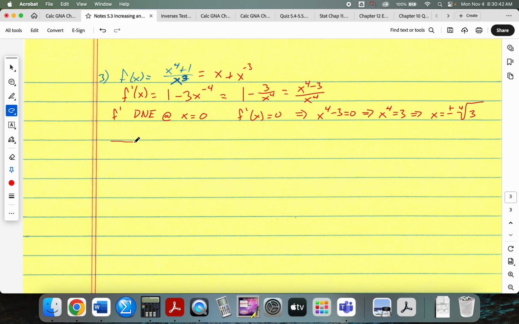All right, so we'll use a number line to kind of help us. Let's see, our critical points are at 0, the fourth root of 3, and the negative fourth root of 3.